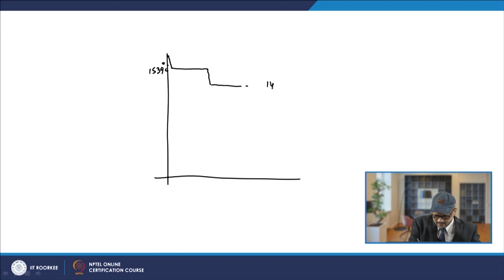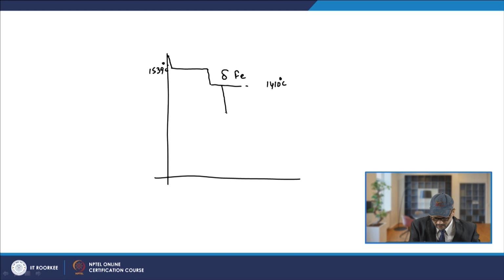In this range you get delta iron, known as delta Fe. Further, as the temperature decreases, you get gamma iron.